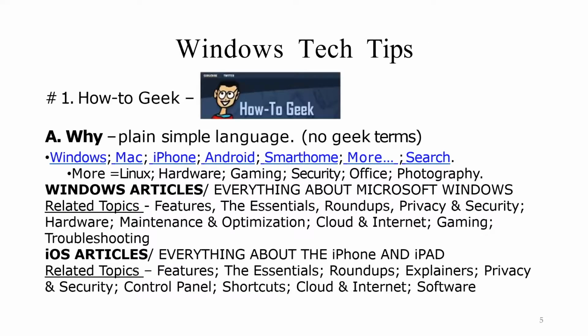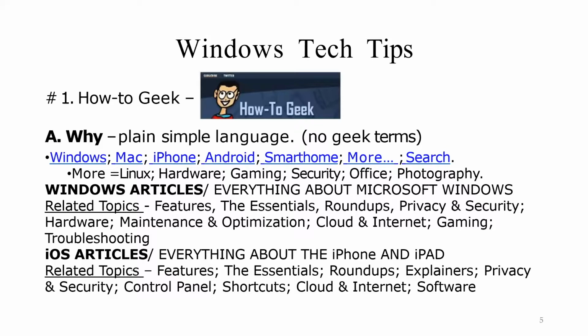So, what's my number one choice for Windows Tech Tips or Apple Tech Tips? How to Geek. I love this site. Why? Because they're plain language. And they do it for you, and they do it with a lot of simple, plain terms.